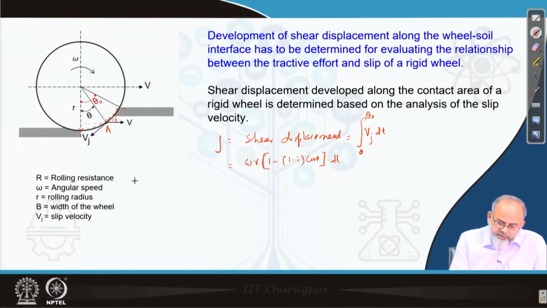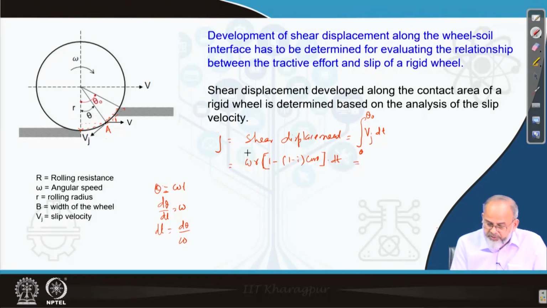Now theta is equal to omega t. So d theta by dt will be equal to omega. Now you substitute for dt here, so that means dt will be equal to d theta by omega. So now substitute for dt.